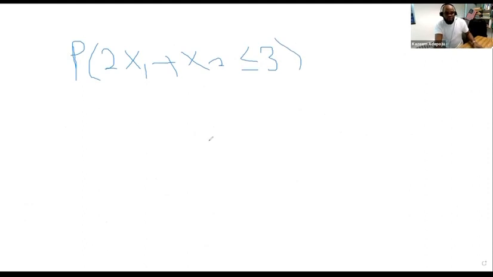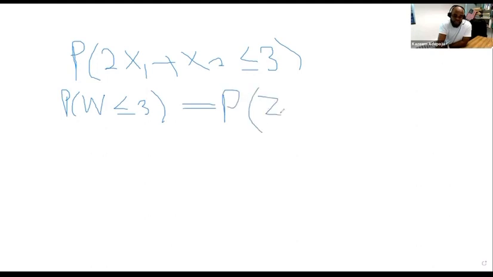So now, if I want to find, like I said, the probability of 2x1 plus x2 less than or equal to 3, it's going to be the probability of W less than or equal to 3, which is the probability of Z less than or equal to (3 minus the expectation of W, which is 2) over the standard deviation, the square root of 12.